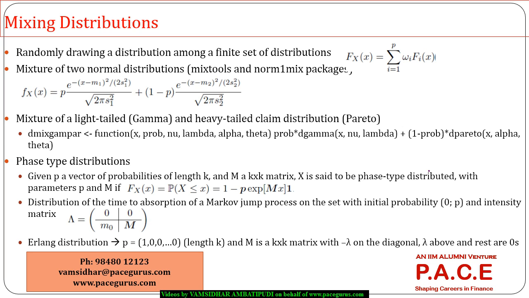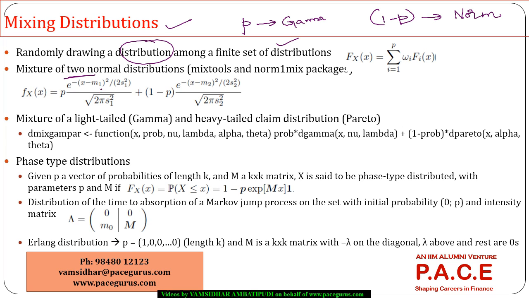Then the other concept that we need to be comfortable with here is mixing two distributions. So in some cases, my data could be a mixture of two distributions. So there is a p probability chance that it is following a gamma distribution, and 1 minus p probability that it is following a normal distribution. So it is typically randomly drawing a distribution among a finite set of distributions I'm mixing.